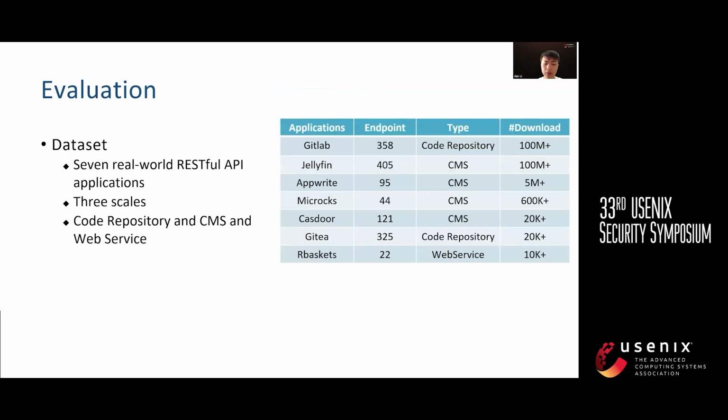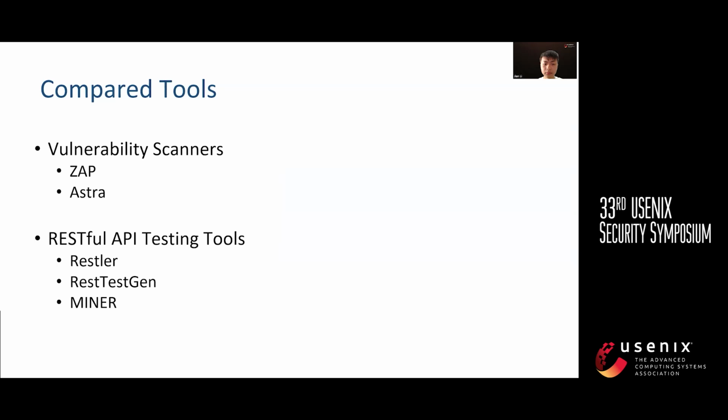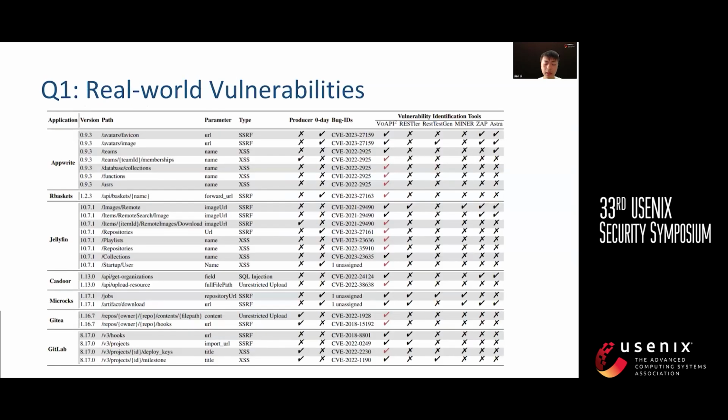Our dataset includes 7 real-world RESTful API applications of 3 scales. We chose 5 tools to compare. Cap and Astra are vulnerability scanners, while the others are RESTful API testing tools. This is the basic result for question 1.